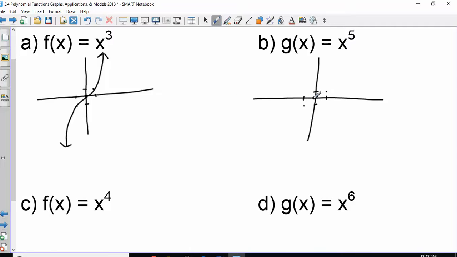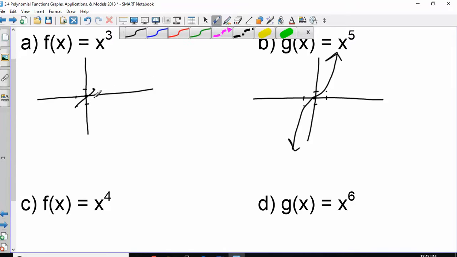And what's true about their graphs? Yeah, they're really pretty much the same. The only difference is, I did not do a very good job of illustrating that there. Which one's skinnier? If I had done a good job of drawing this graph, can you tell? X to the 5th is just a skinnier version of x cubed.